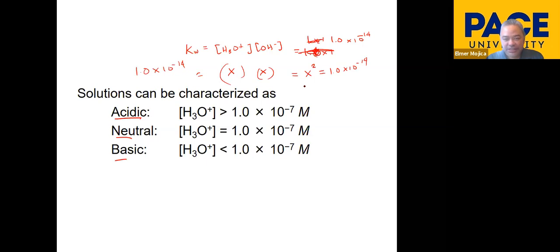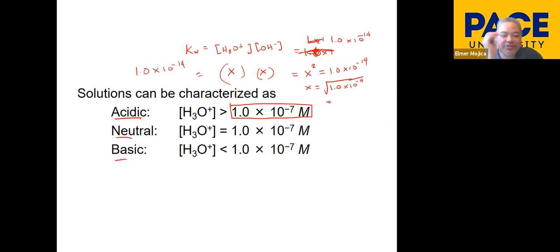So if you're going to get the X of that, that is just equal to the square root of 1.0 times 10 to the negative 14. So what is that equal to? Anyone? It equals this value. I'm just showing you where the 1.0 times 10 to the negative 7 came from. So that's where it came from.